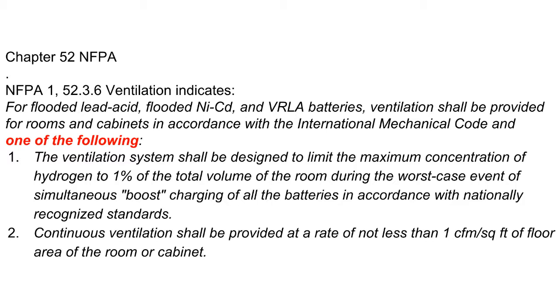And then when you get into the continuous ventilation, it must be provided at not less than the rate of 1 cubic foot per minute per square foot of floor area. That's where sealing the batteries or putting a vent hood over them, putting them in a dedicated cabinet space, reduces the square footage requirement of that ventilation.